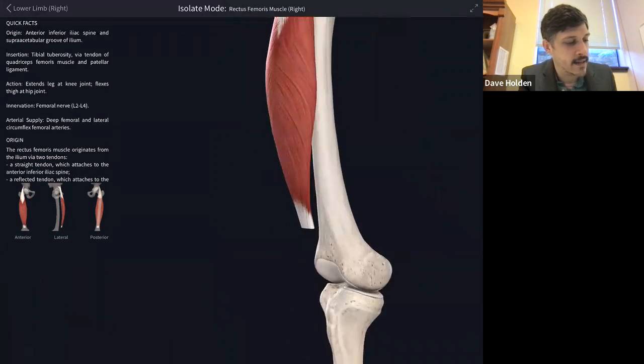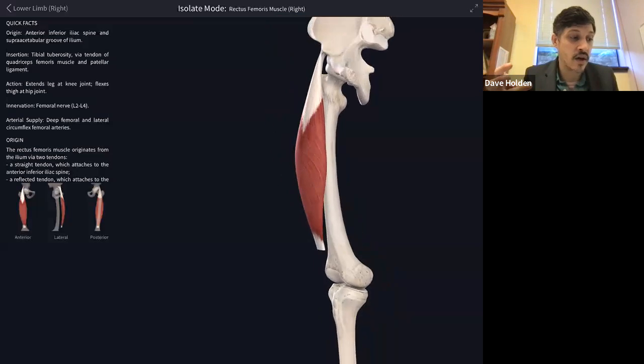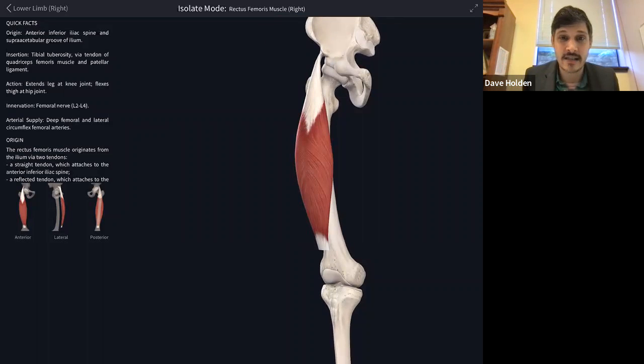And then the muscle stops there, but we also understand next comes the patella, then the patellar ligament, and then it inserts on the tibia. So this muscle goes from AIIS to tibial tuberosity. That will make it a hip flexor and a knee extensor. Those are its 2 actions. That's all. Nothing else.